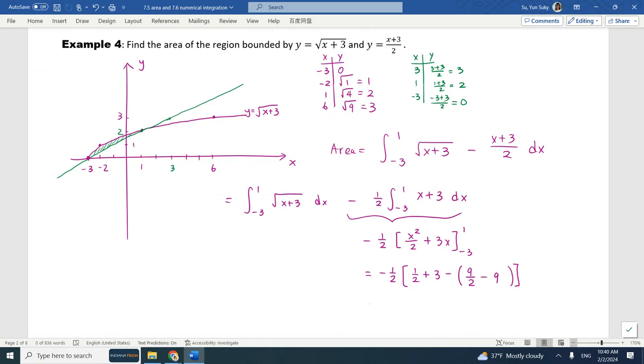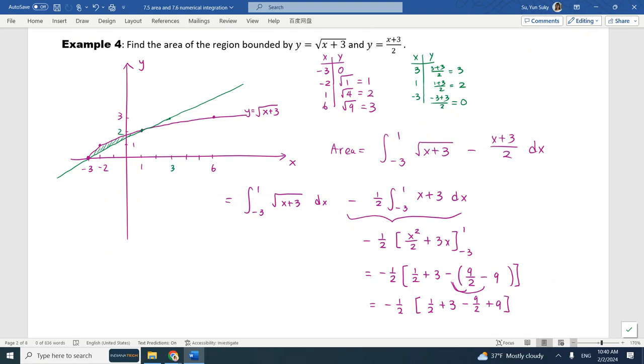So this is -1/2 times (1/2 plus 3), and let's distribute the negative. It becomes -9/2 and then plus 9.